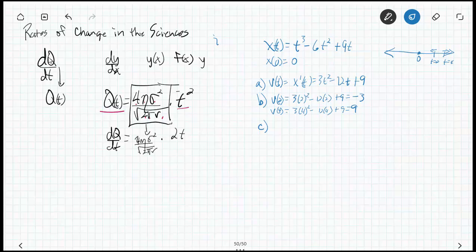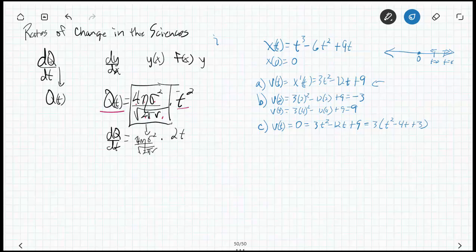Okay, how about C? Let's look at this one. It says, when is the particle at rest? Well, how am I going to figure that out? Oh, wait. A particle is at rest when the velocity is equal to 0. Hey, I've got velocity right here. So all I have to do is set 3t squared minus 12t plus 9 equal to 0, and then let's do some algebra. This is 3 times t squared minus 4t plus 3.